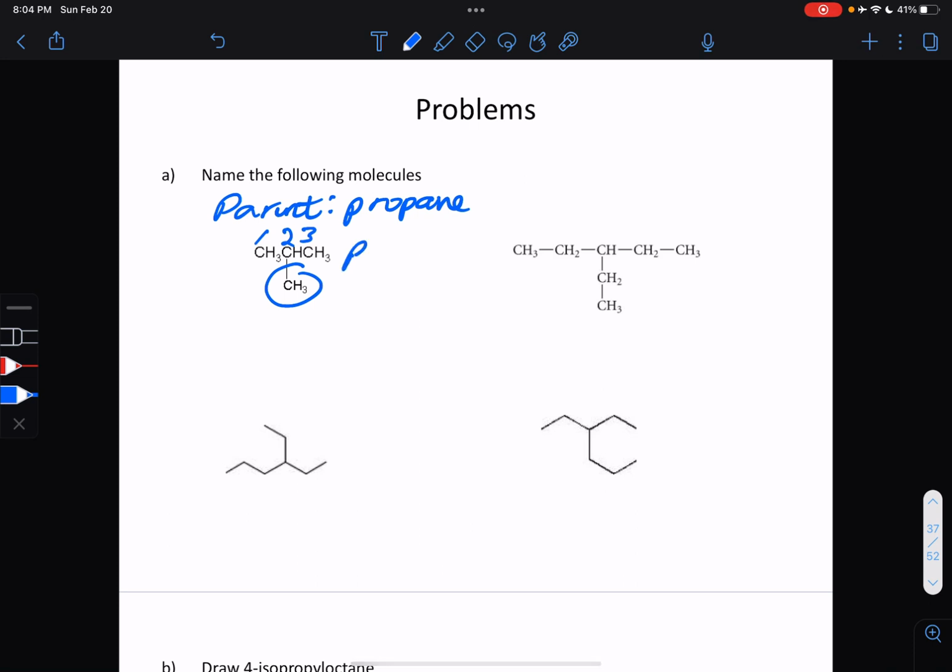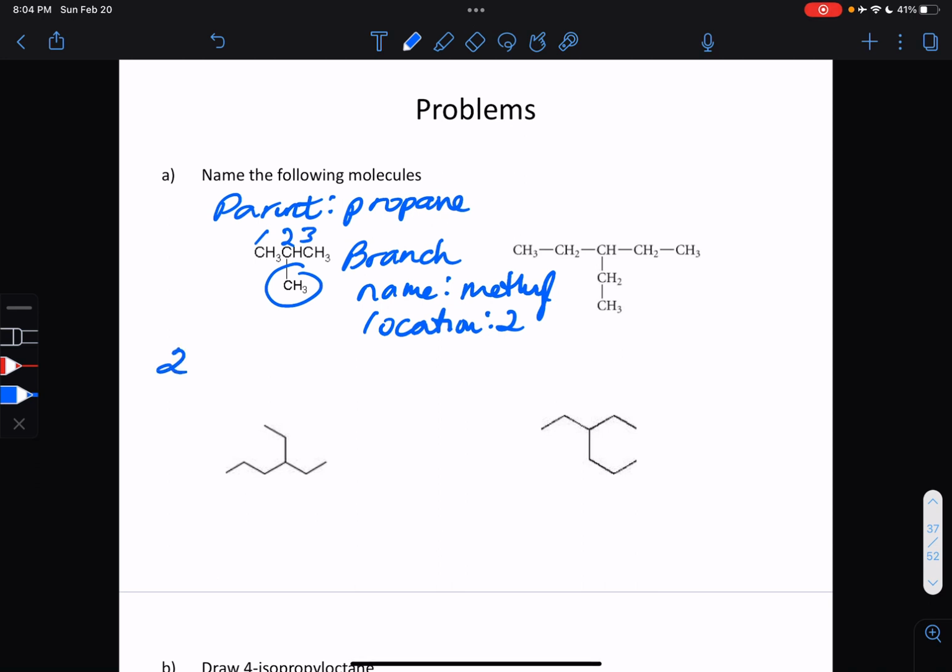So our branch name is methyl, and the location is carbon 2. Okay, so how do we put all those things together? Well, the location comes first, so the numbers are going to come first. So we're going to have number, and then we're going to have branch. And the branch starts with a letter. And when we have a number and a letter next to each other, what do we put between them?